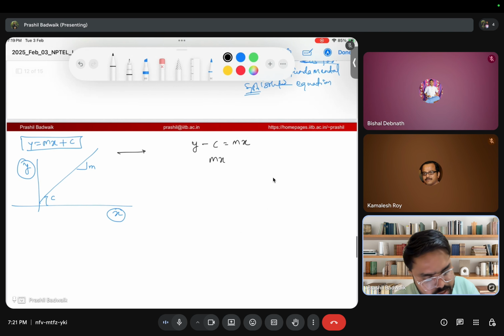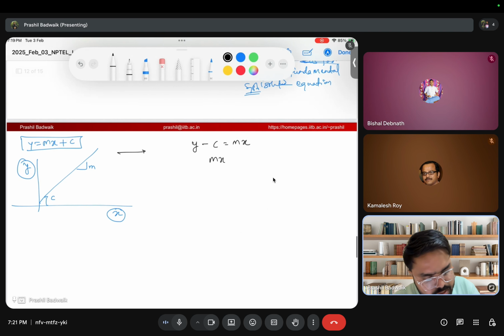So you can see this is my y dash, this is my m dash, this is my x dash, and the rest of the thing is c dash, correct? At each point there is some particular x and y pair. These points were represented using slope and intercept.